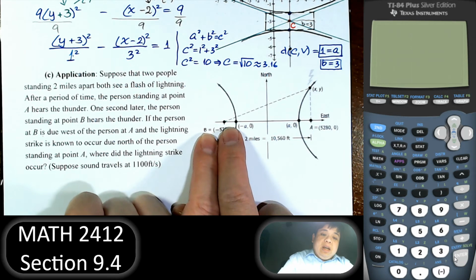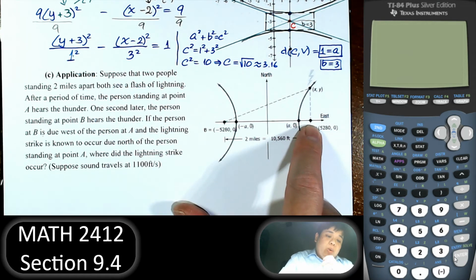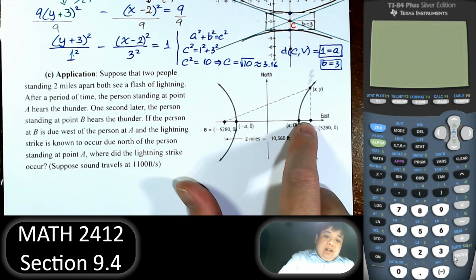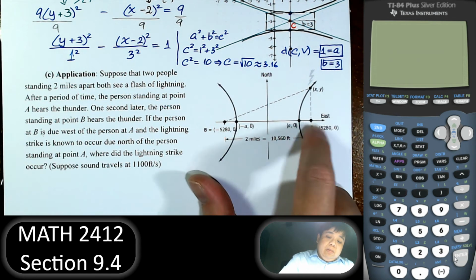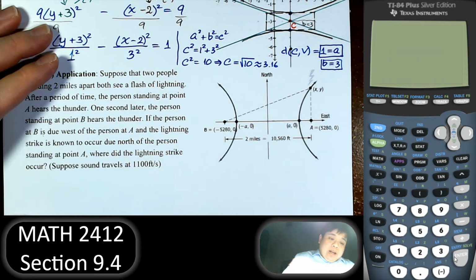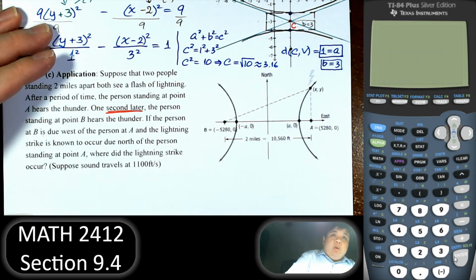Of course, B is further away from the lightning strike, so that person will hear the thunder a little bit behind the person standing at A. And we know that it's exactly 1 second later, so that is very important.